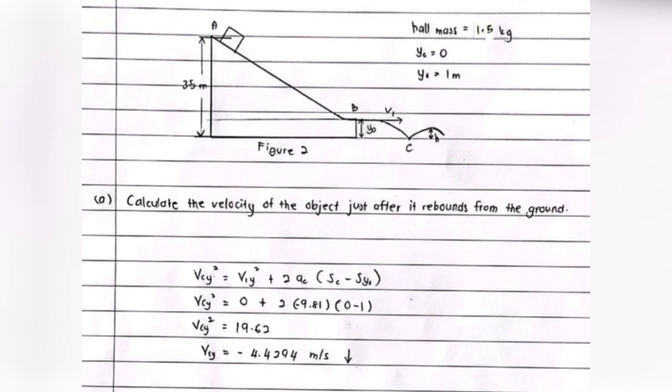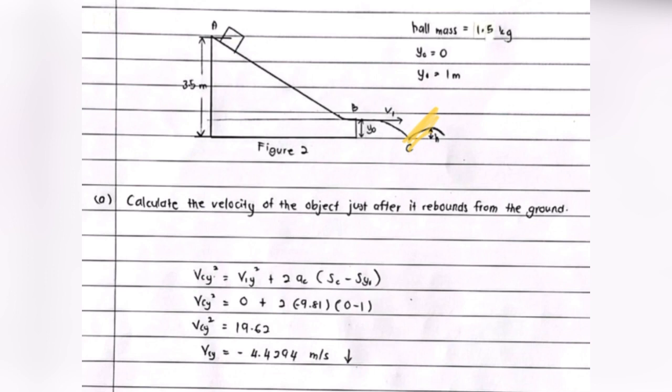Question A is to calculate the velocity of the object just after it rebounds from the ground. So the question wants us to find at this side. The first step is we use the formula v² = v0² + 2a(s − s0).